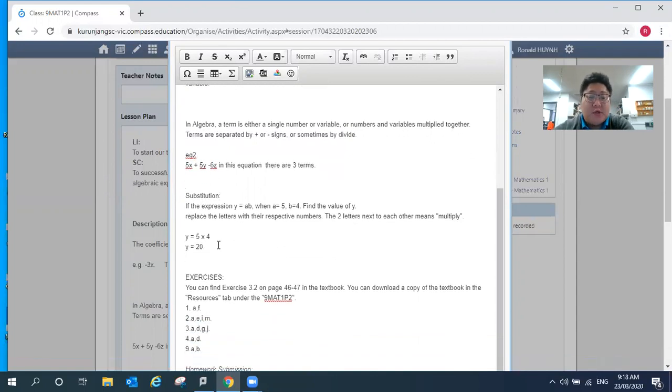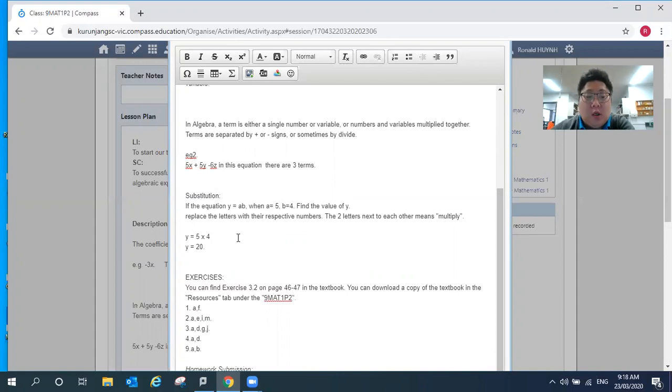Moving on to substitution. In algebra, we have many different types of equations or expressions. We have numbers or variables that have numbers assigned to them, and they may be put into an equation.